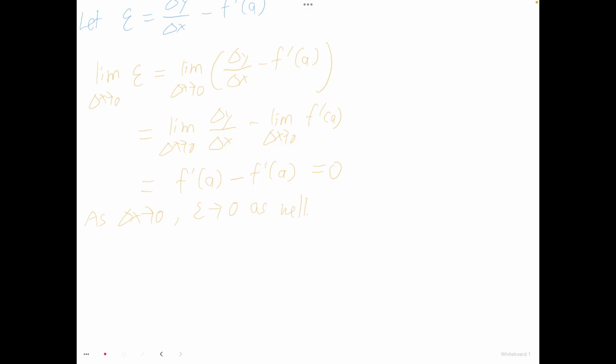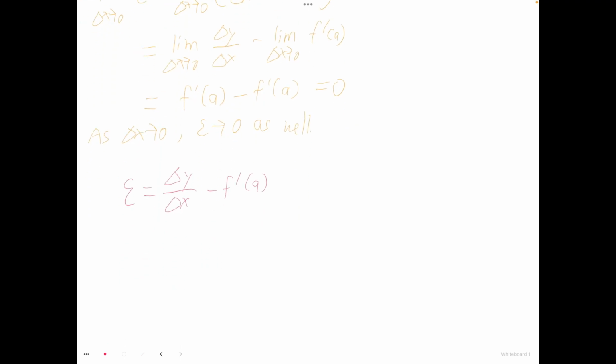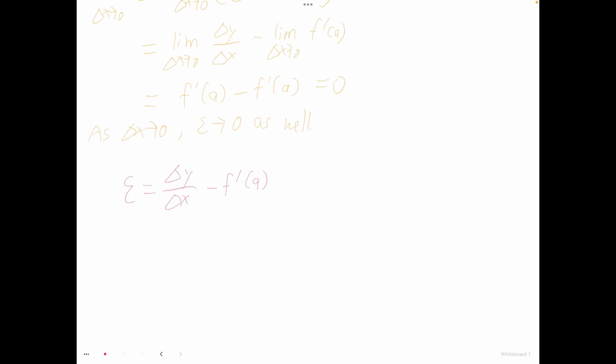But what we're going to do is rewrite our expression for epsilon in a different way. We have epsilon is equal to delta y over delta x minus f prime of a. We're going to solve for delta y, so we multiply everything by delta x. We have delta x epsilon equals delta y minus delta x f prime of a.